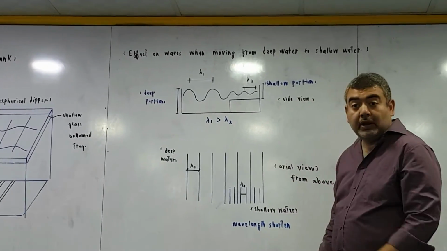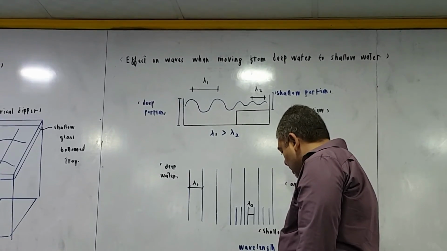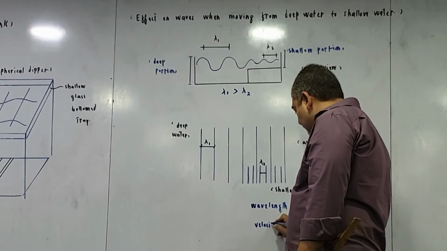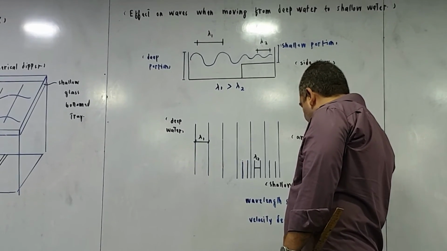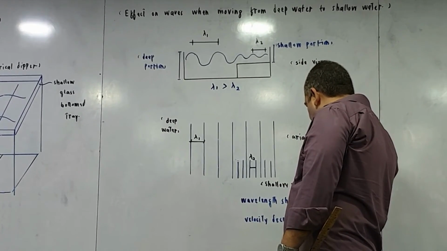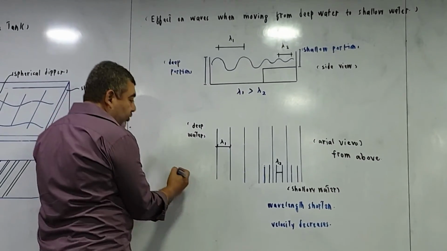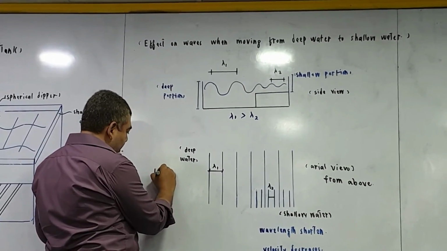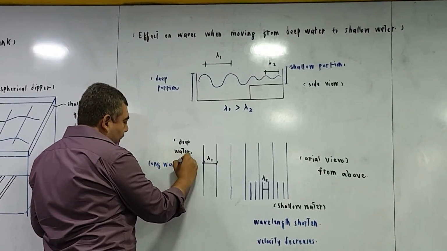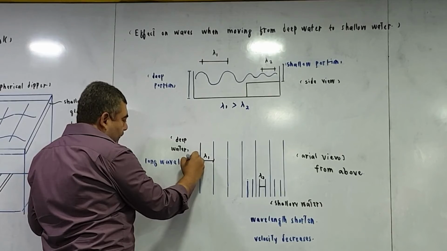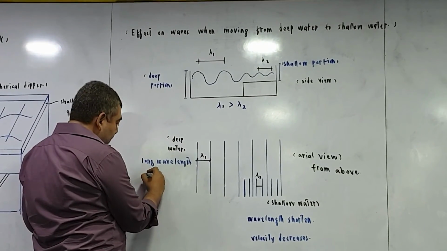And what about the velocity? Velocity decreases. And when we are traveling in deep water, we have long wavelength and comparatively it is traveling with greater speed.